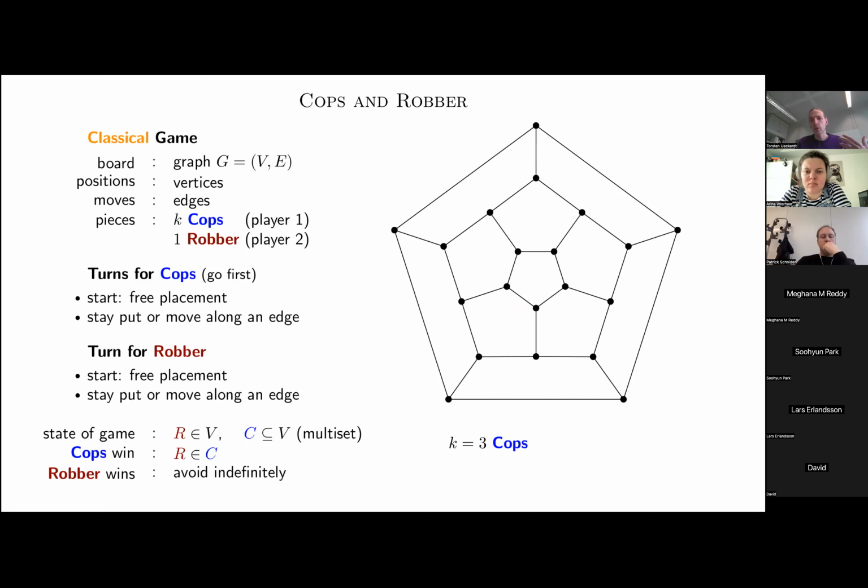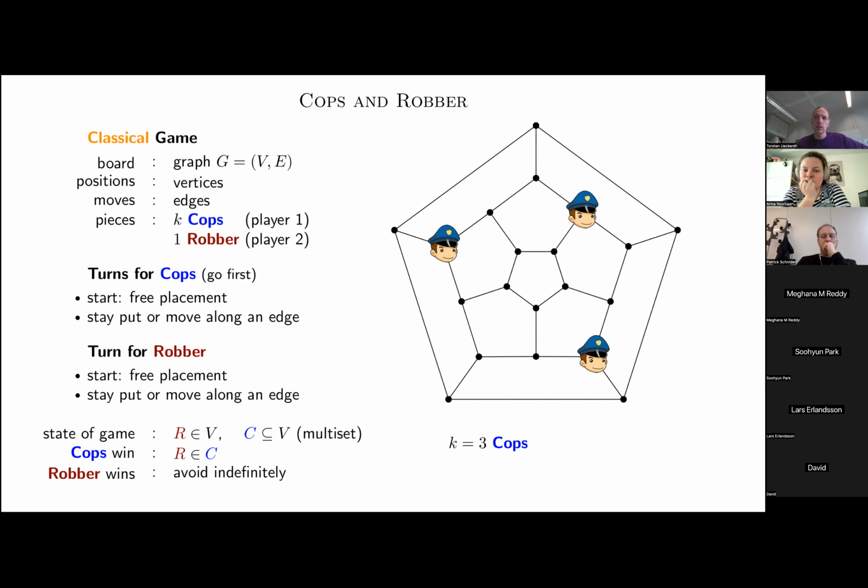Of course, if I increase the number of cops, if I go to 3 cops, the cops get stronger, right? At some point, if I have as many cops as there are vertices, clearly the cops win. So maybe 3 cops are already sufficient. So let's position 3 cops kind of everywhere in the graph to maybe cover as much area as possible.